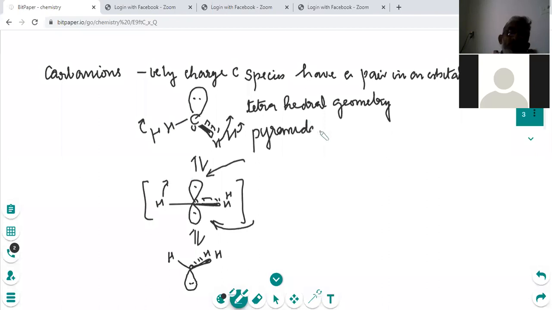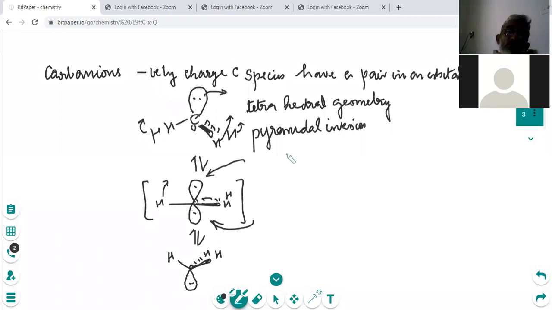And that is how you generate the geometry. So carbanions are negatively charged. They have a pair of electrons, and these electrons can be used to form a bond with other species. Now let us see how you can make carbanions.